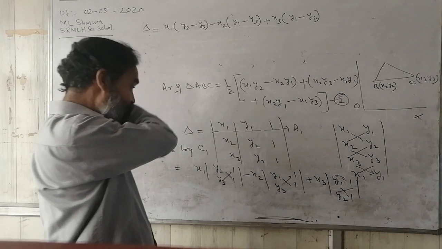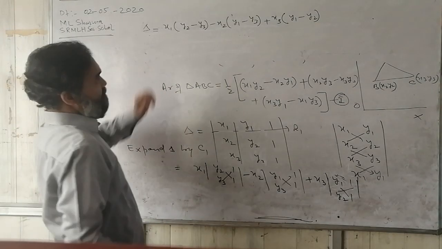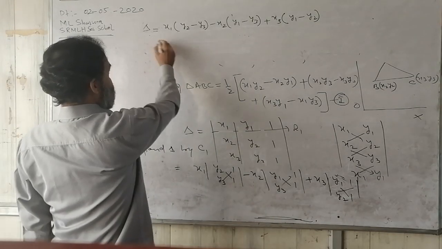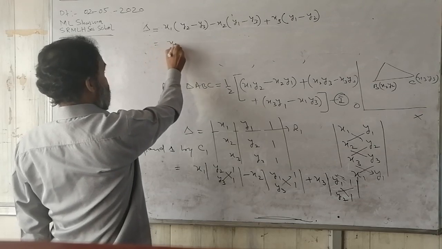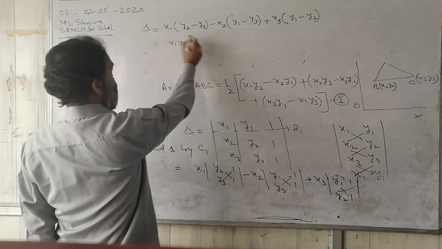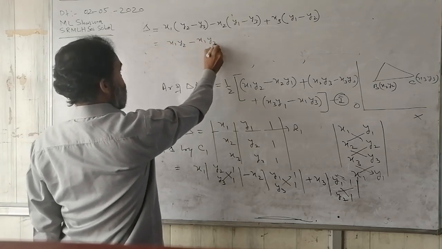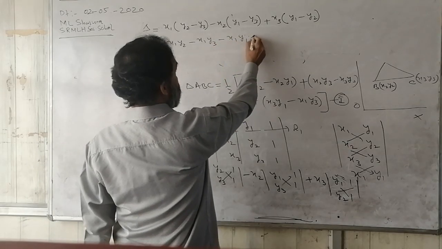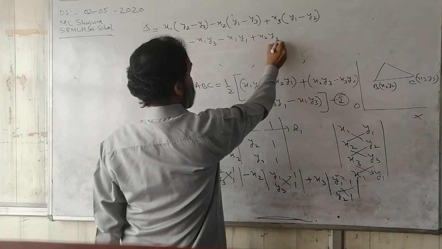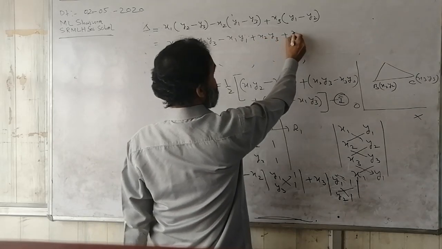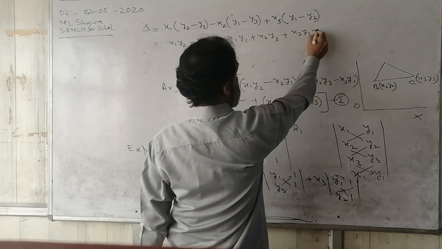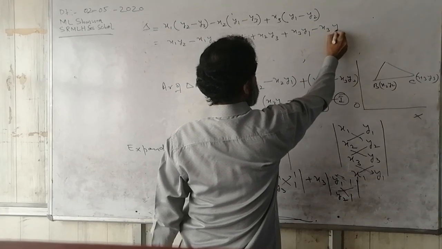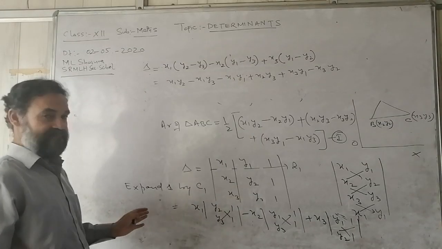So I can write it in this way. If I multiply, I will get x1 y2, x1 y3, x2 y1, plus x2 y3 plus x3 y1 and minus x3 y2.